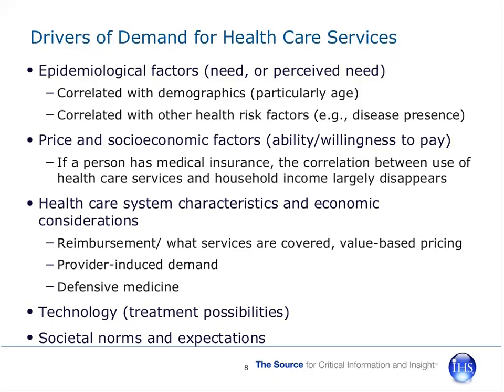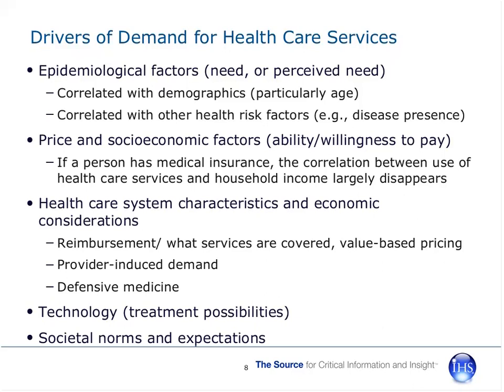We also think of price and socioeconomic factors, the ability and willingness to pay as drivers of demand for services. Some of the work that we found is that once you control for whether a person has medical insurance, then the correlation between use of healthcare services and economic measures such as household income largely disappears once you control for having medical insurance.